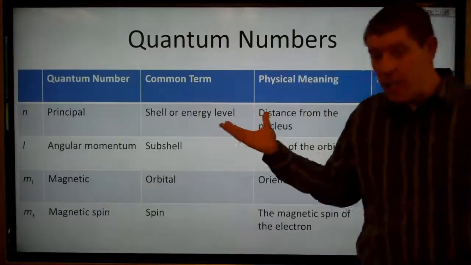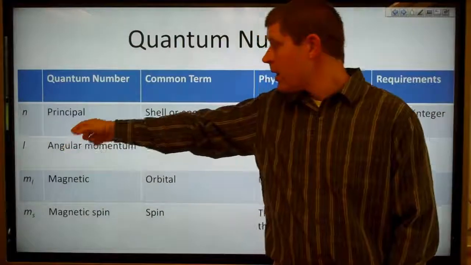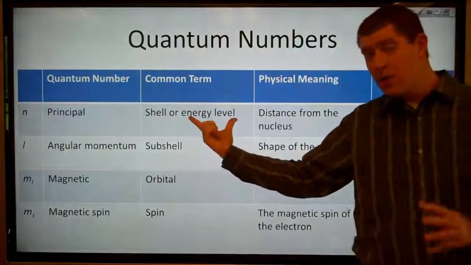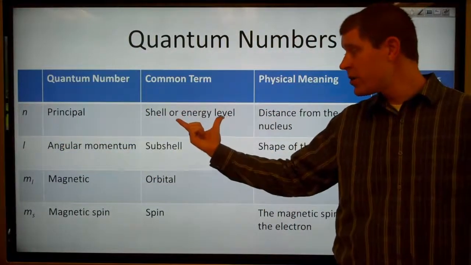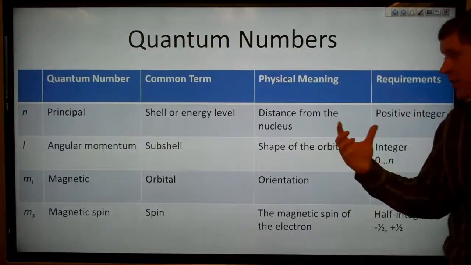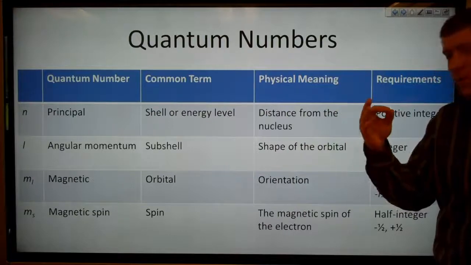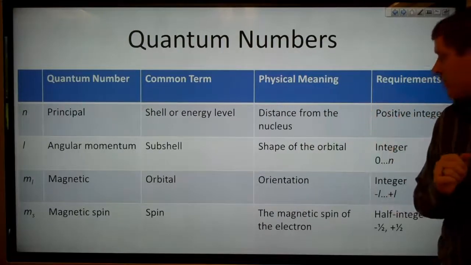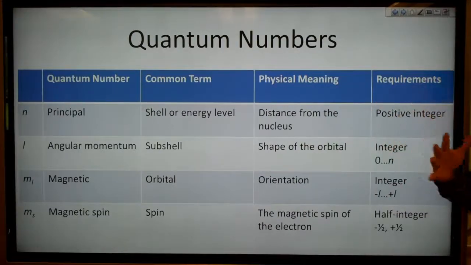So again, to recap a little bit here, the n is our principal quantum number. That tells us which shell or energy level our electron is in. The physical meaning there is sort of the distance from the nucleus. It's really the energy that that electron has, but you can think of it as distance from the nucleus because they're somewhat related.